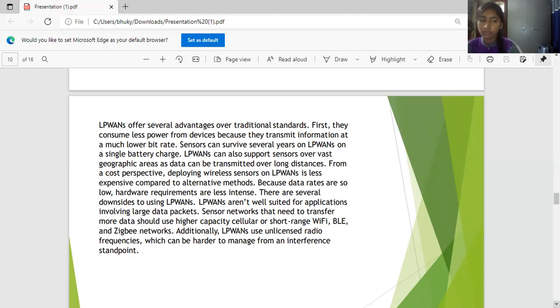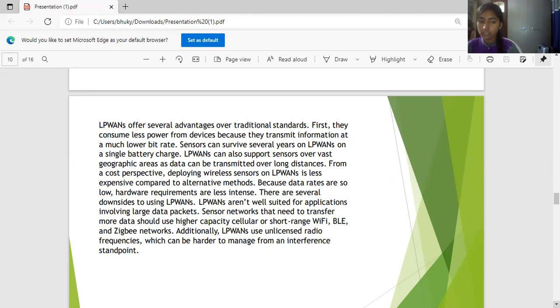From a cost perspective, deploying wireless sensors on LPWANs is less expensive compared to alternative methods because data rates are so low, hardware requirements are less intense.